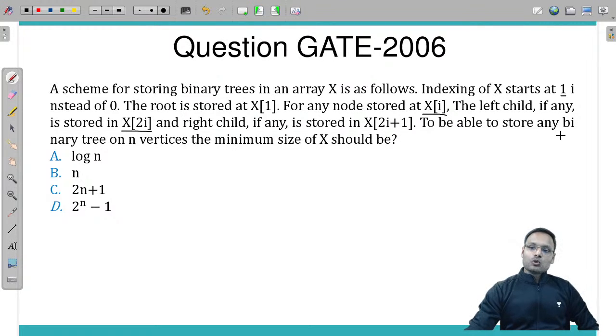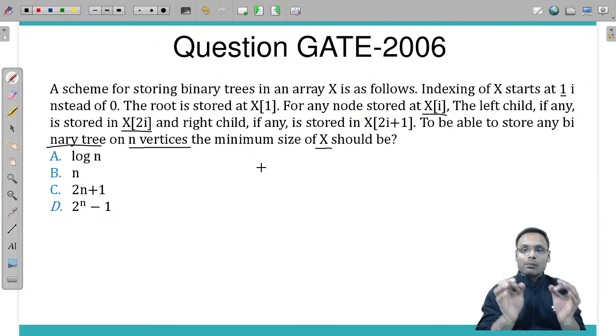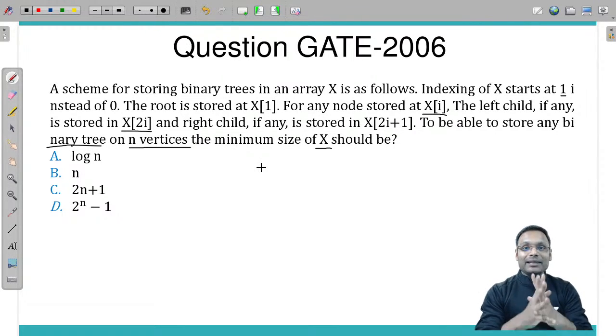To be able to store any binary tree on n vertices, the minimum size of X should be what? The question is, you should be able to store any binary tree.